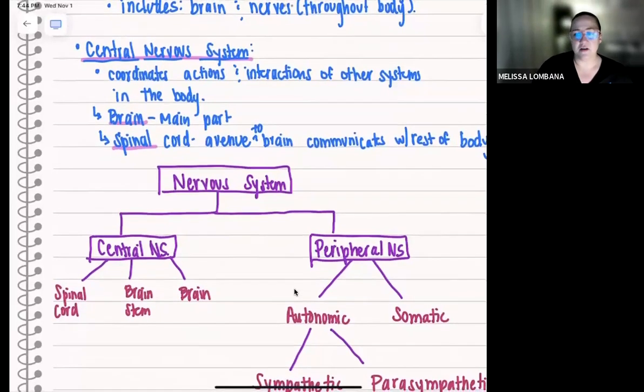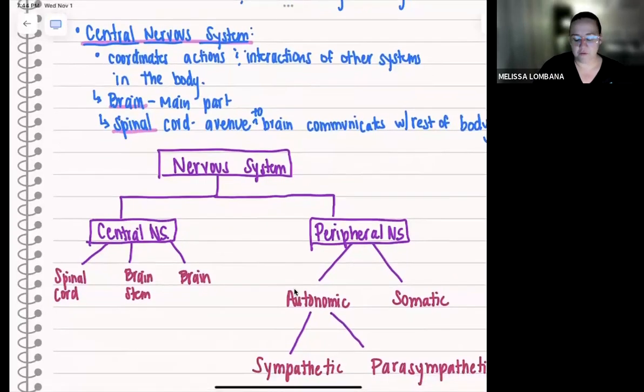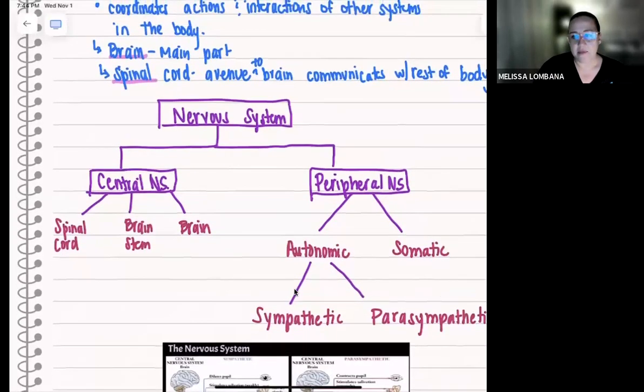Then if we look over here, we have what's called the peripheral nervous system. The peripheral nervous system is the part of our nervous system that links to the outside world through our senses, and tells us how we need to respond to these signals from the outside world.